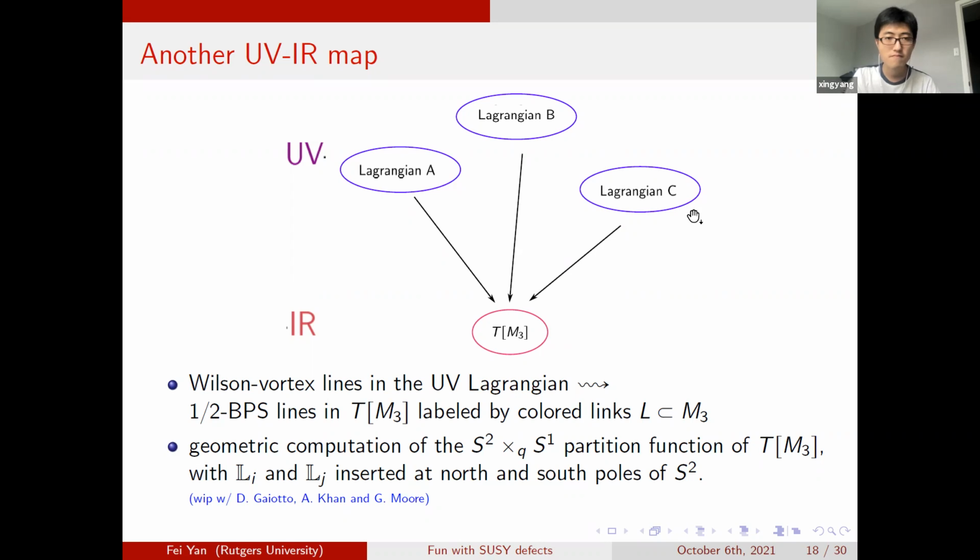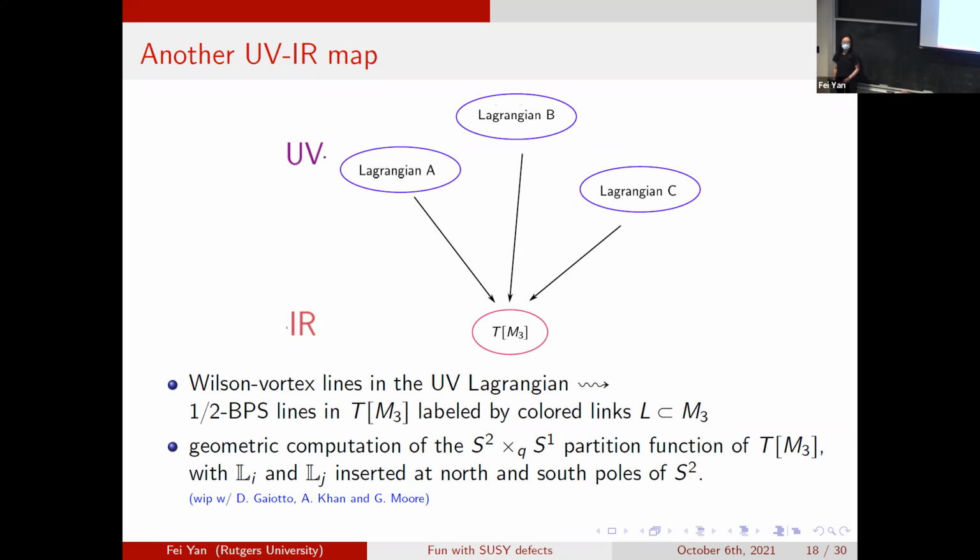And then of course you could ask what are the extended operators in those different UV theories, and how are they going to map into each other? I think that's an outstanding question. In general, I don't know a prescription for it; for specific theories, one could study it case by case, but I don't know a general prescription to give a generic answer for such a map between the lines.